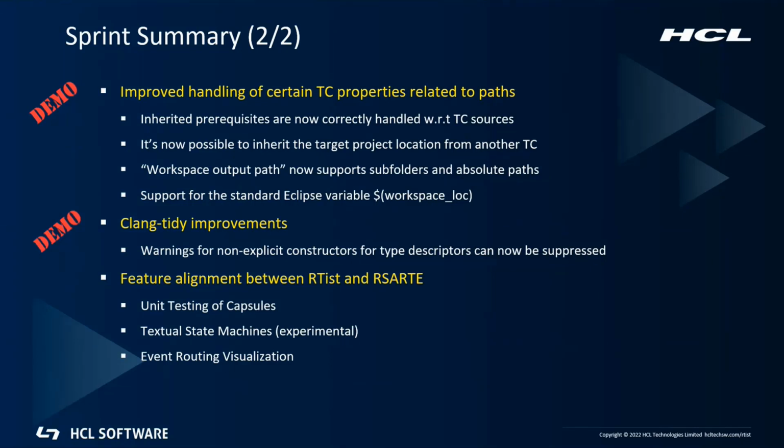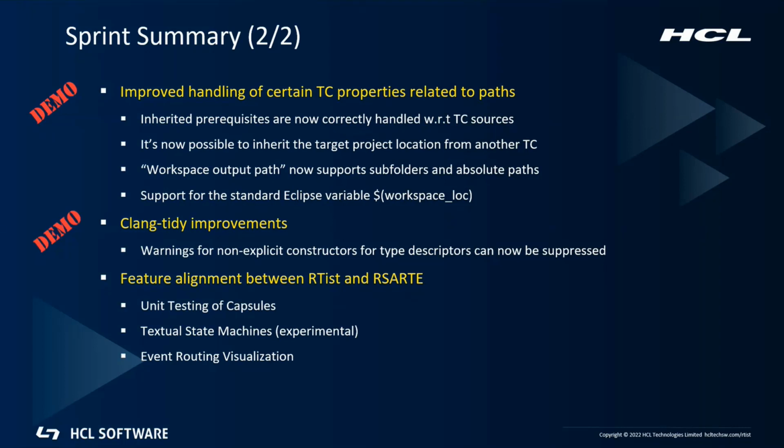Then we did many improvements in the area of certain TC properties and especially related to paths. For example, inherited prerequisites are now correctly handled with regards to TC sources. It's possible to inherit the target project location from another TC.